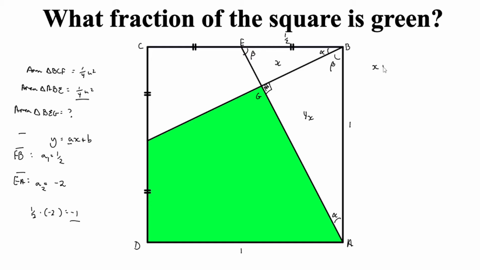So x equals 1/20. So this part would be 1/20. So triangle ABG would be 1/4 minus 1/20, which gives us a fifth. So this part right here would give us a fifth as well, because triangle BCF has an area of 1/4.